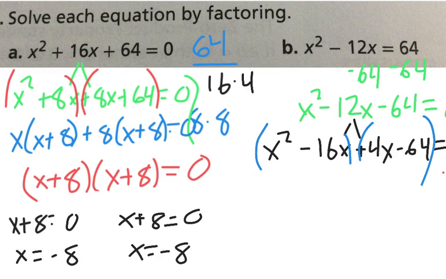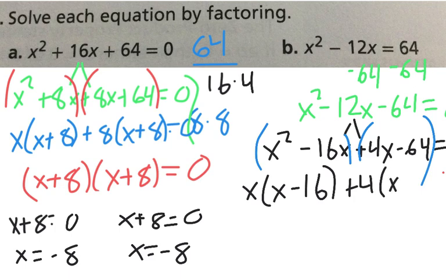I'm going to group. What's the GCF of the first one? X, which leaves me with x minus 16 in parentheses. The GCF here is a positive 4. That leaves me with x minus 16. Do the parentheses match? So what's in front of the parentheses? X plus 4 times the matching parenthesis.